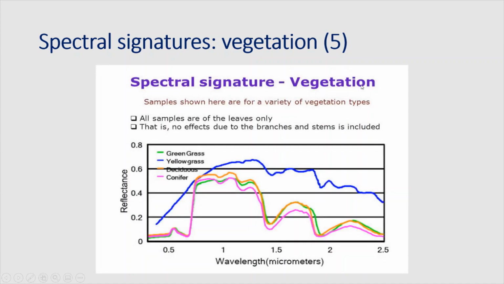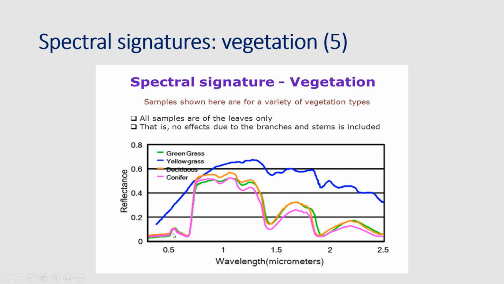All right. So you see here what I mentioned before, for example, when we have these green, orange, and magenta colors, apart from this grass that is very different. But in this case, you see that in the visible and just here to the red edge, these three species, green grass, deciduous, and conifer, the last two are both trees, are reflecting in the same way.